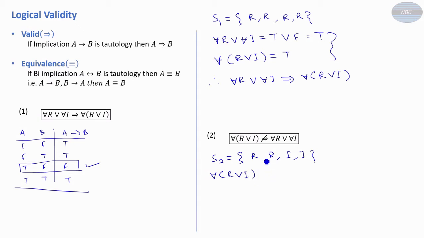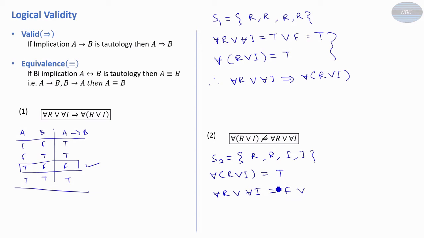Here also we'll try the third row. The left hand side is: are all persons rich or intelligent? Yes, all persons are either rich or intelligent, so it is true. Now come to the right hand side, for all R, for all I. Are all persons rich?